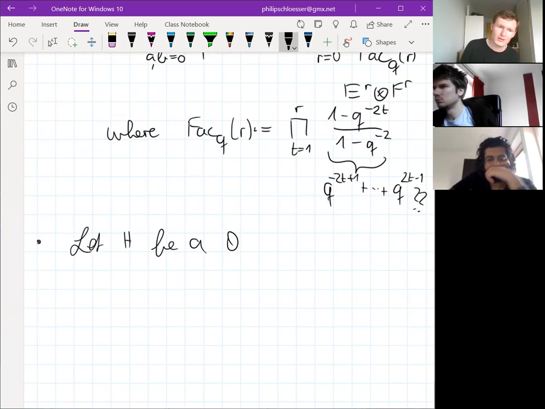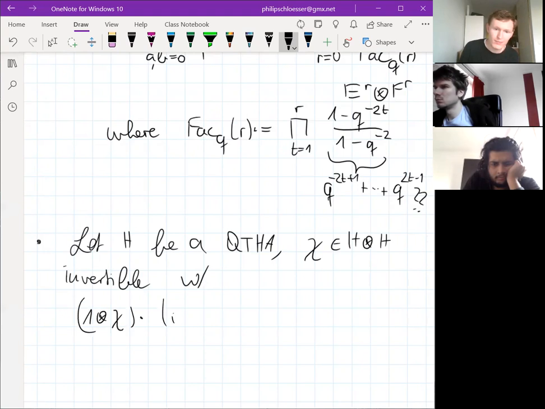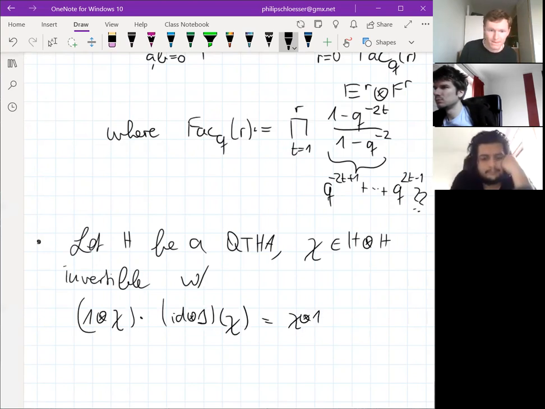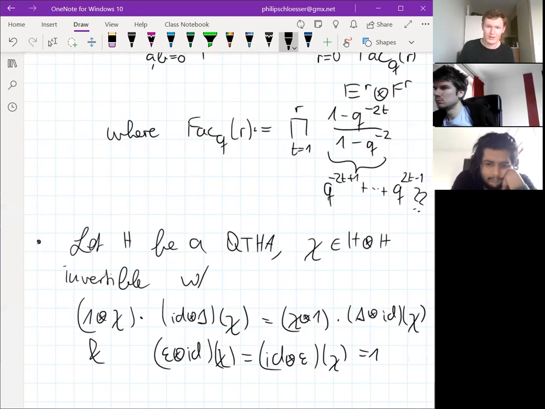Let H be a QTHA, and chi is an invertible element of H tensor H with some condition, and epsilon tensor identity applied to chi is identity tensor epsilon applied to chi is equal to 1.